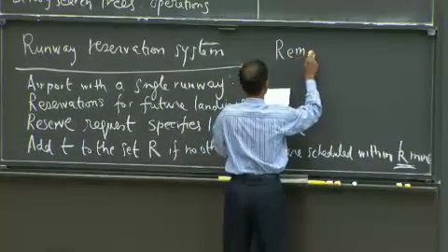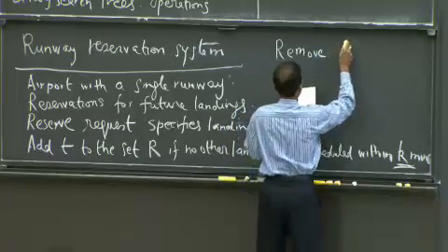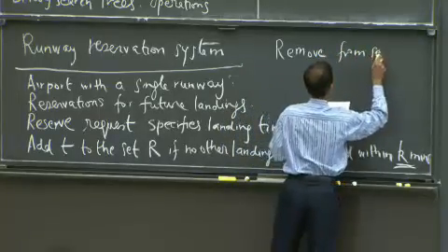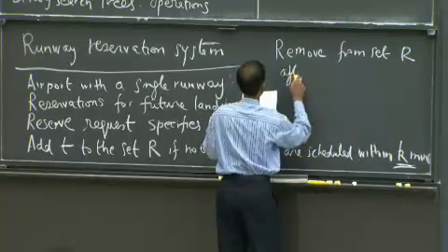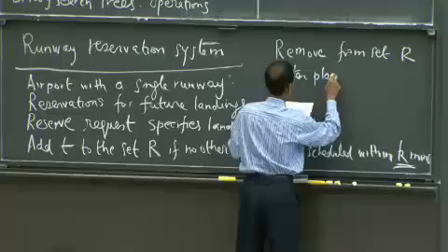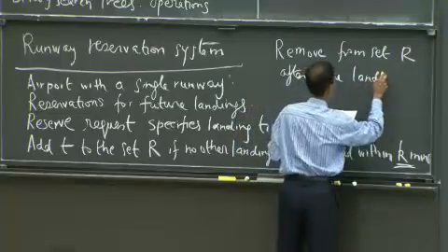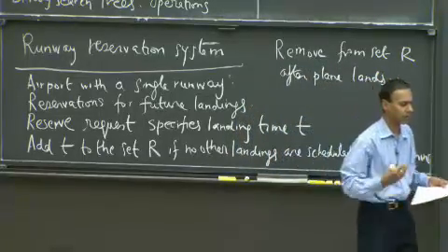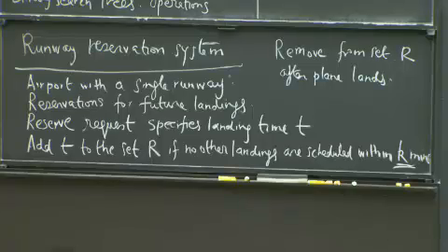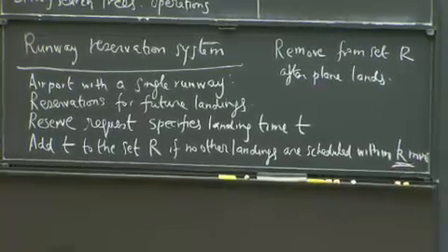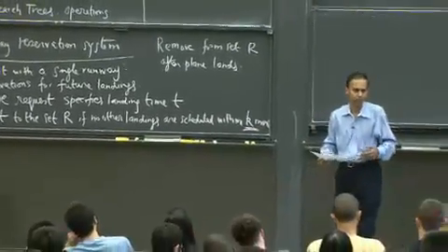We remove from set R, which is the set of landing times, after the plane lands. So every once in a while, as time increments, you're going to be checking the data structure. And you can do this maybe every minute, every 30 seconds. That isn't really important, but you have to be able to remove from this data structure.